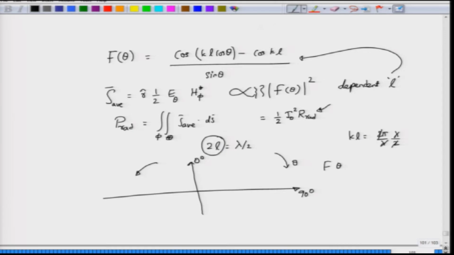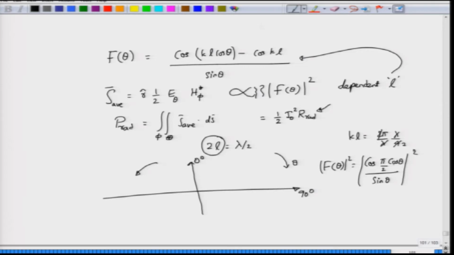So, |f(θ)|² in this case will be cos((π/2)cos θ) minus cos kL, and what is cos π/2? Cos π/2 is 0. So, luckily cos kL will be equal to 0, so this is not there, divided by sin θ, magnitude square. So, this is the expression that you have.